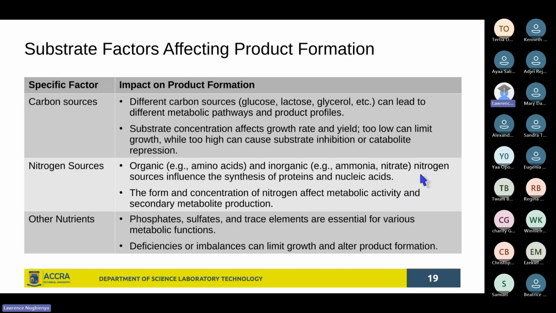How about if it is nucleic acids? If it's nucleic acid, of course, you need to have phosphate in there to be able to have a good yield of nucleic acids produced, because the nucleotides have a phosphate group in them. So you require phosphorus there for a good yield of the nucleotides.